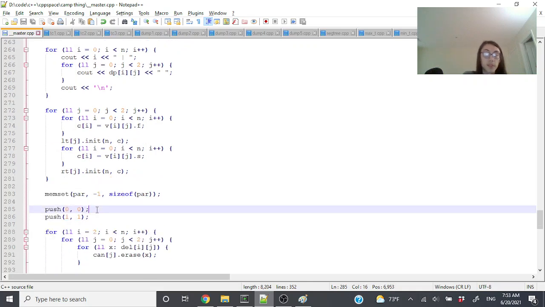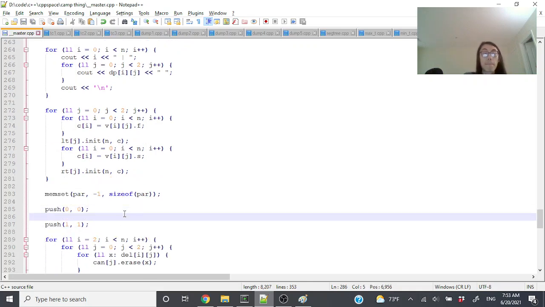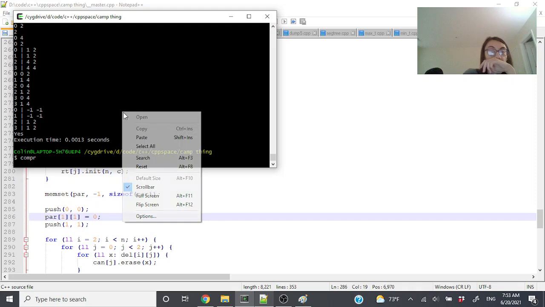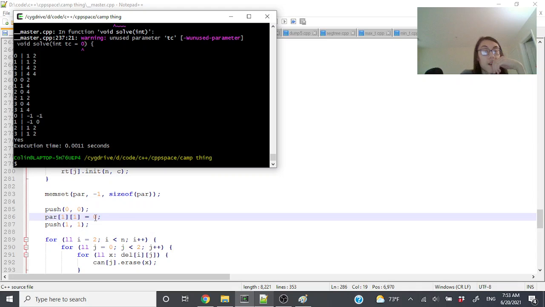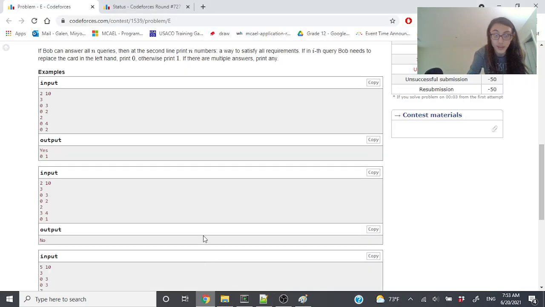Oh, this is intentional. Okay. par[0]. par[1][1] is equal to 0. That I should just set manually. Well, actually, this doesn't matter anyway, but okay. Now, 1, 1 can live until 4. Is that the case now?